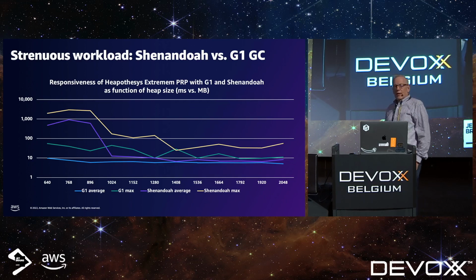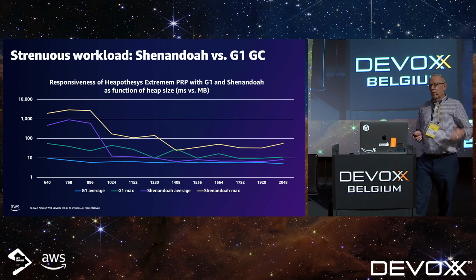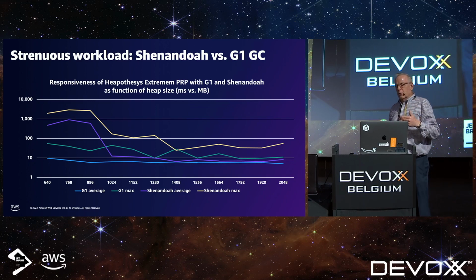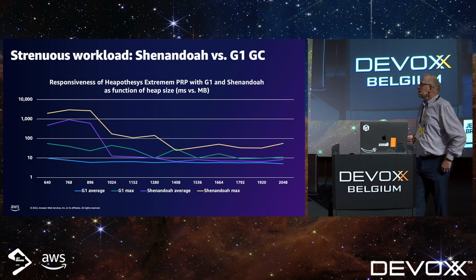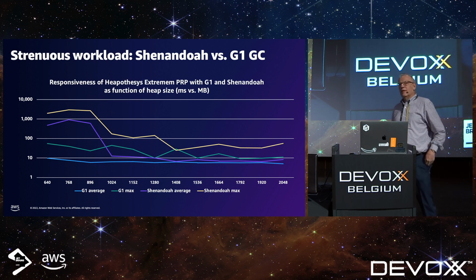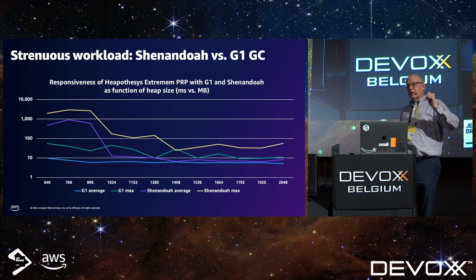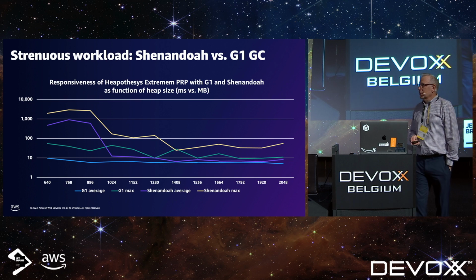Back in 2020, we did some studies on traditional Shenandoah. We were very much motivated to bring our latencies down. The nice thing about Shenandoah is the pause times at that time were pretty much guaranteed to be below 10 milliseconds, and G1 GC pause times were measured in the hundreds of milliseconds.